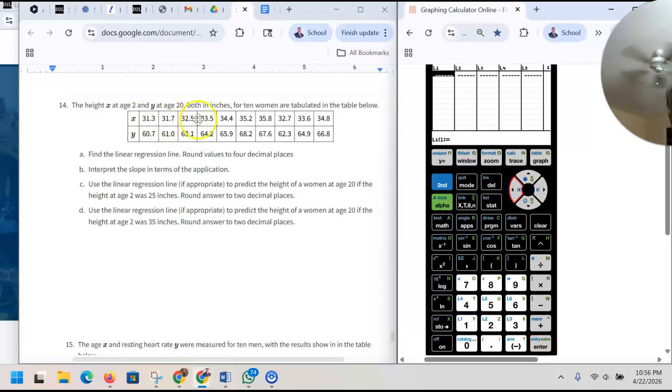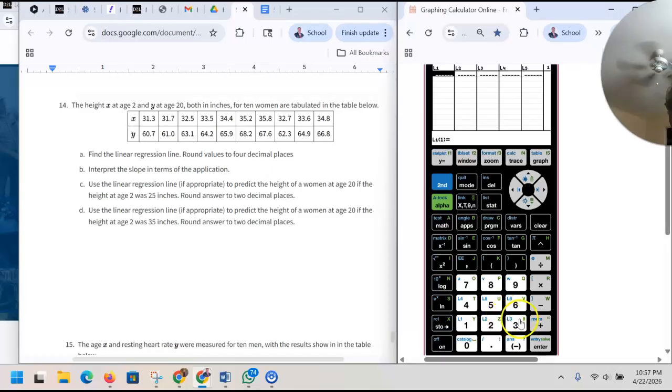Left, and it starts with the height of a child. There are 10 children at the age of 2. What was their height? That's what this tells you.